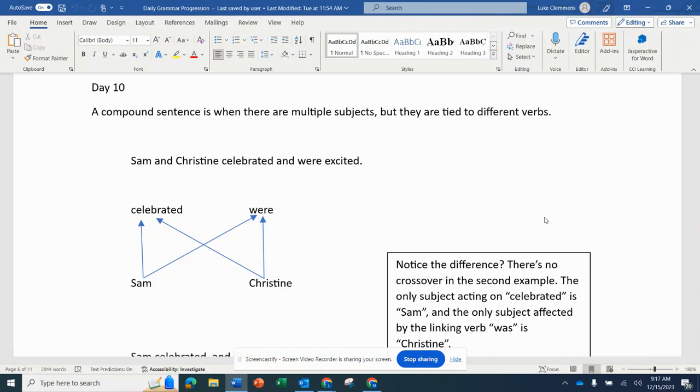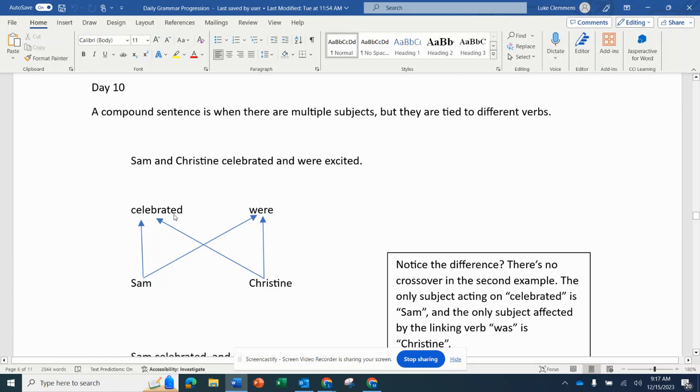Okay, so here's an example of what we dealt with in our last couple of videos. We dealt with a simple sentence that had multiple subjects, multiple verbs, but it was still a simple sentence. Okay, so Sam and Christine celebrated and were excited. This was a simple sentence because if you look down here, we have our verbs up top and our subjects below.